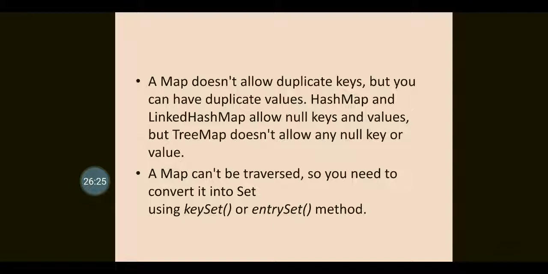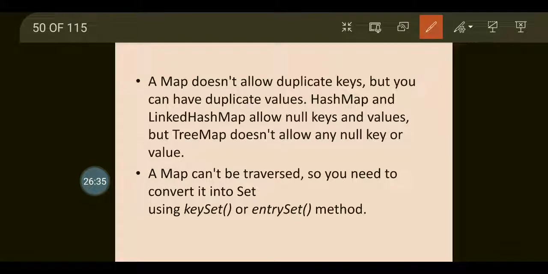HashMap and LinkedHashMap allow a null key and value, but TreeMap does not allow any null key or null value. That is, in TreeMap null is not possible, but in the case of HashMap and LinkedHashMap it is possible to have null.